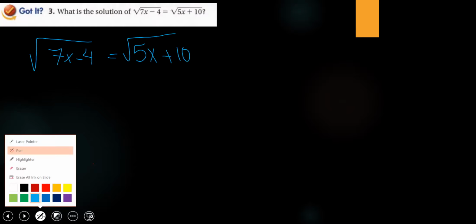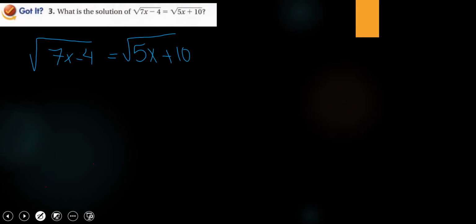What is the solution of square root of 7x minus 4 equals square root of 5x plus 10? As we said, the first step, you have to square the right and the left, both sides.